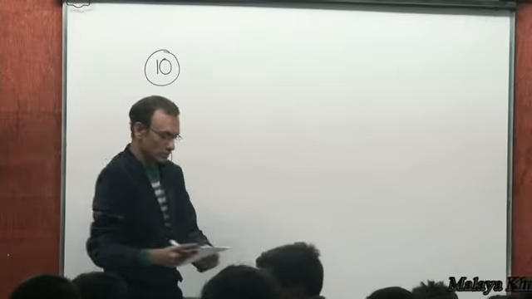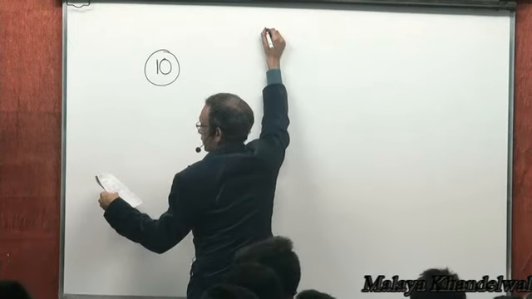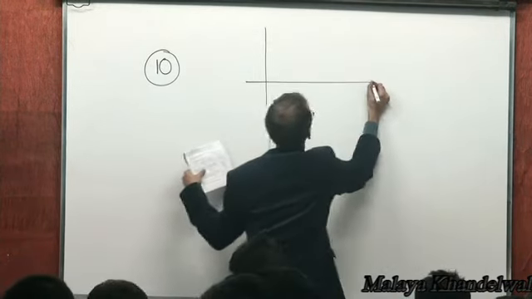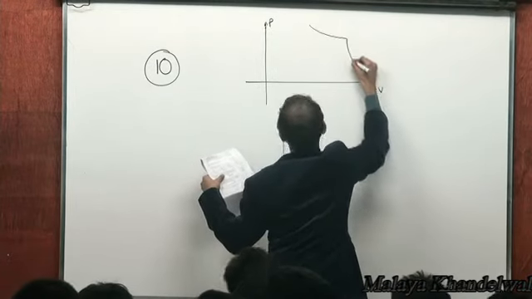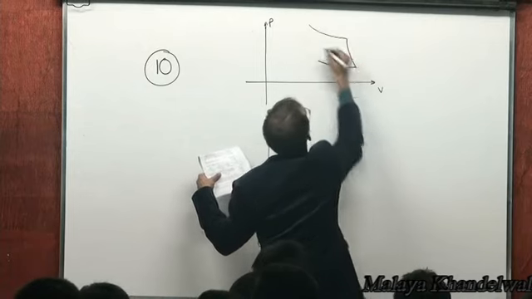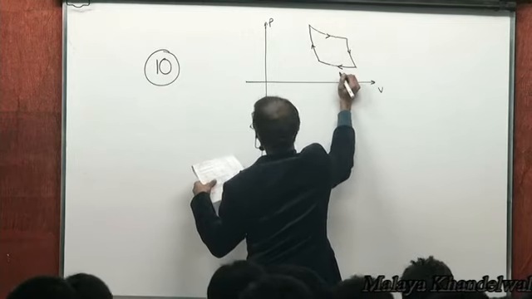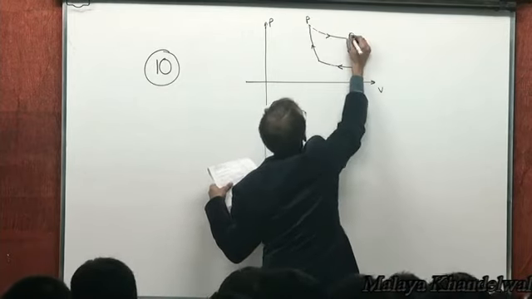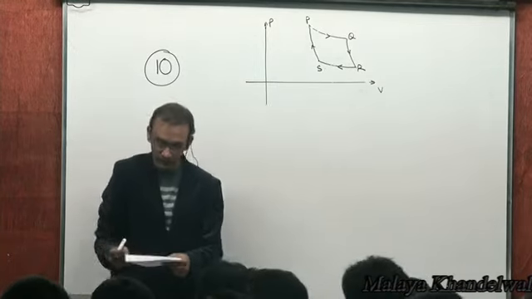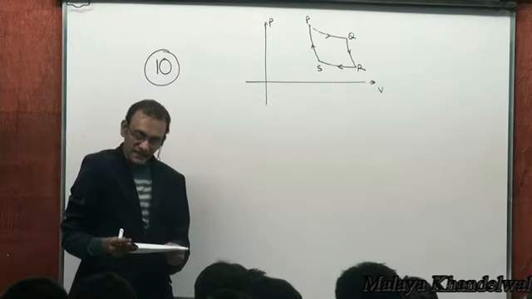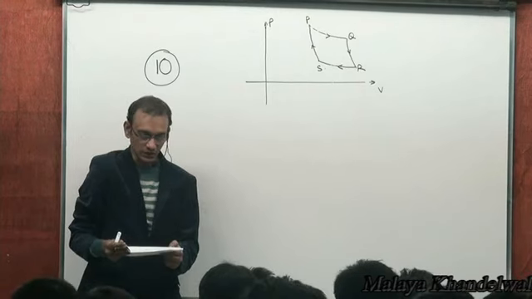Problem 10. We have a set of processes PQRS constituting a cycle. In some of these changes, work done on the gas is positive, and in others, the work done is negative.